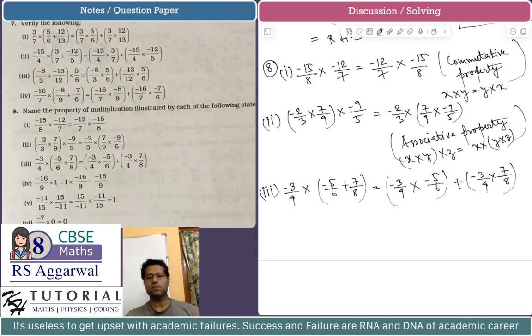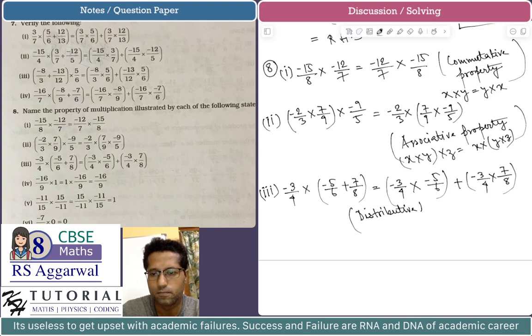Now, you can clearly see, this is distributive law over addition. And the formula is that, where x, y, z are rational numbers, x into y plus z is equal to x into y plus x into z.